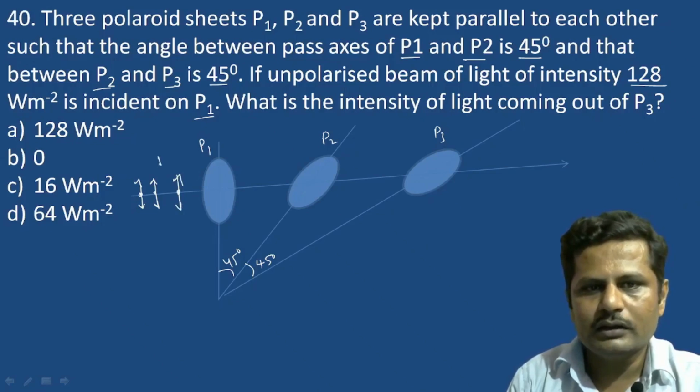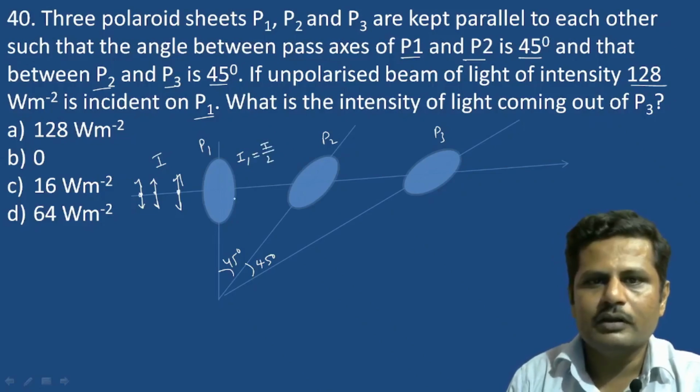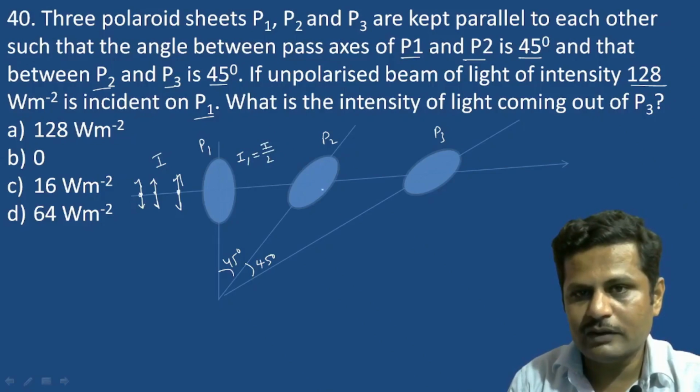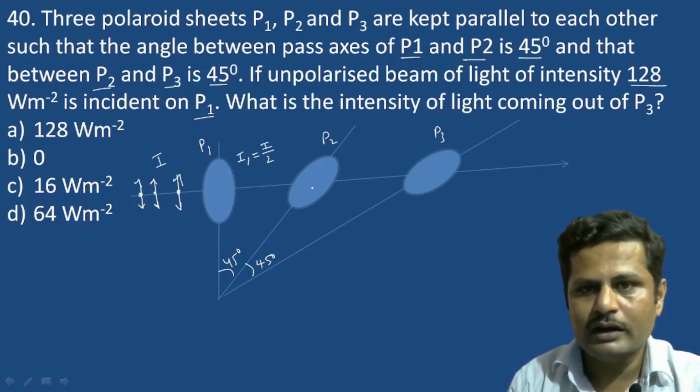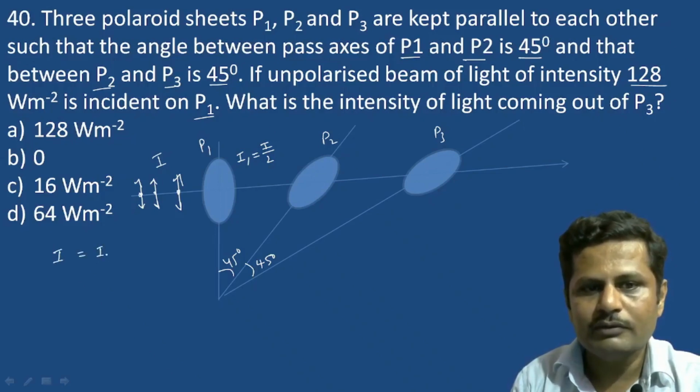We know that the intensity of the light decreases when it passes through the polaroid first. That intensity I1 is equal to I by 2. But whenever this I by 2 intensity of light is passing through the next polaroid, according to Malus's law, the intensity is equal to I naught times cos square theta.